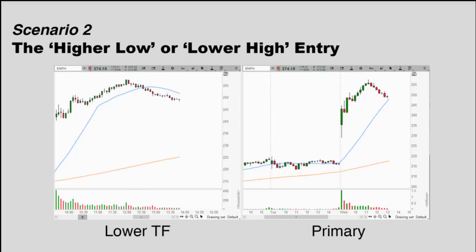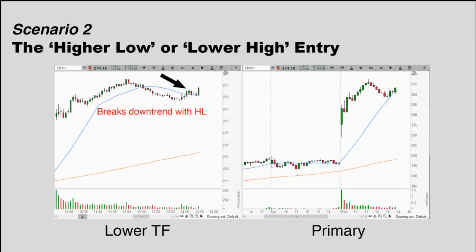This is EMPH. Again, these are all charts from this week. Buy setup forming off the 15, but 5-minute is in a downtrend. So not quite ready yet, but what happens here is the igniting bar to trigger the buy setup off the 15 broke that downtrend off the 5-minute. So it's rallying above the 20 MA and pulling back into it, forming that higher low.